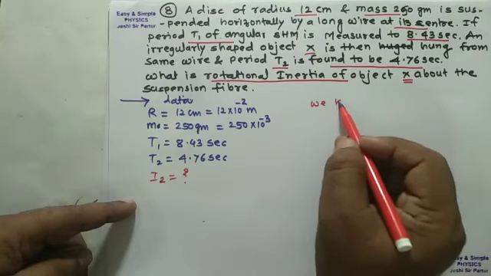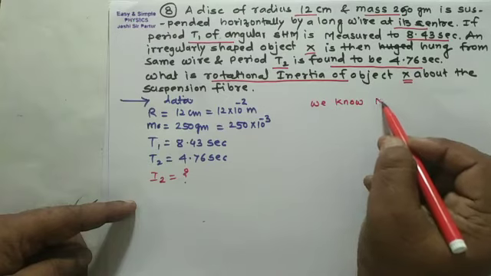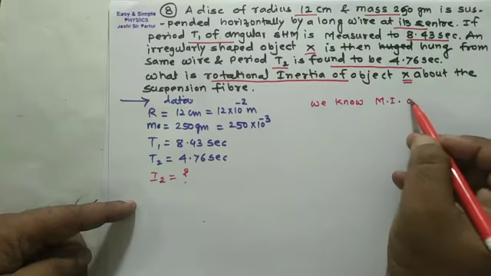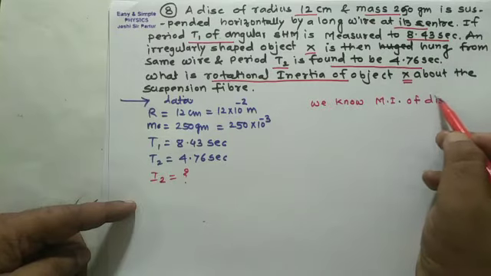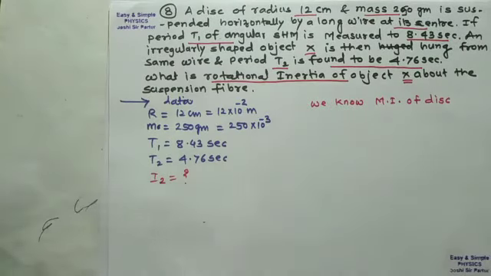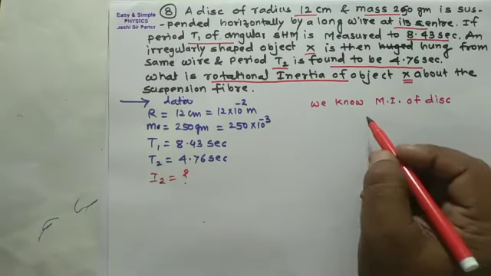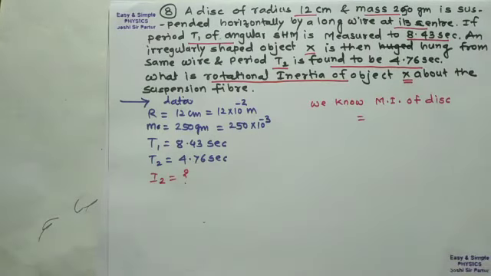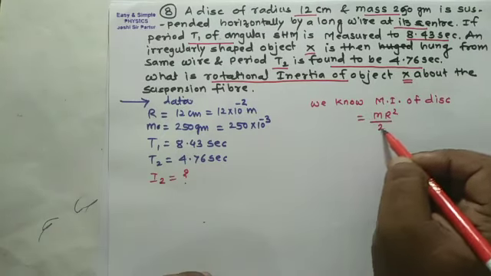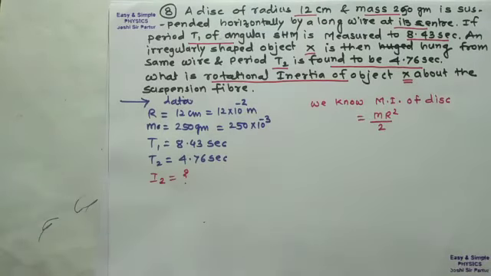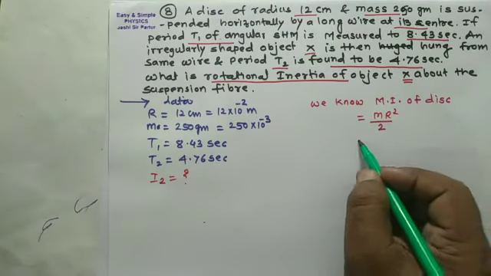So we know the moment of inertia of a disc passing through its center about an axis is equal to mr square upon 2, means mass into distance square upon 2. We know the value of mass.